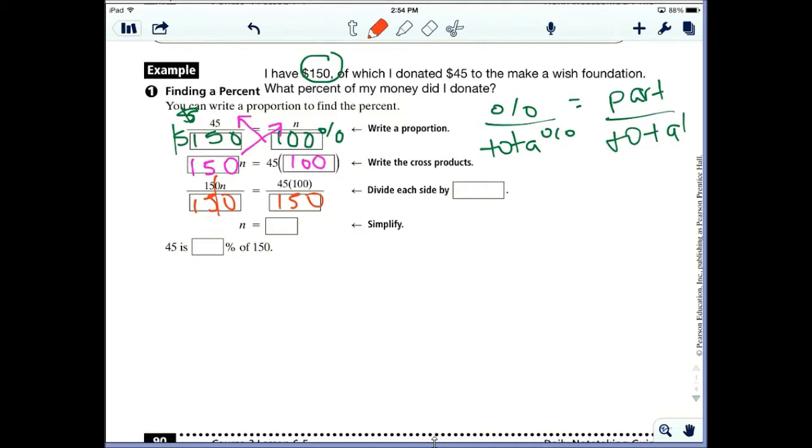That way I can get my n by myself. So my answer here would be 30, because 45 is 30% of 150.